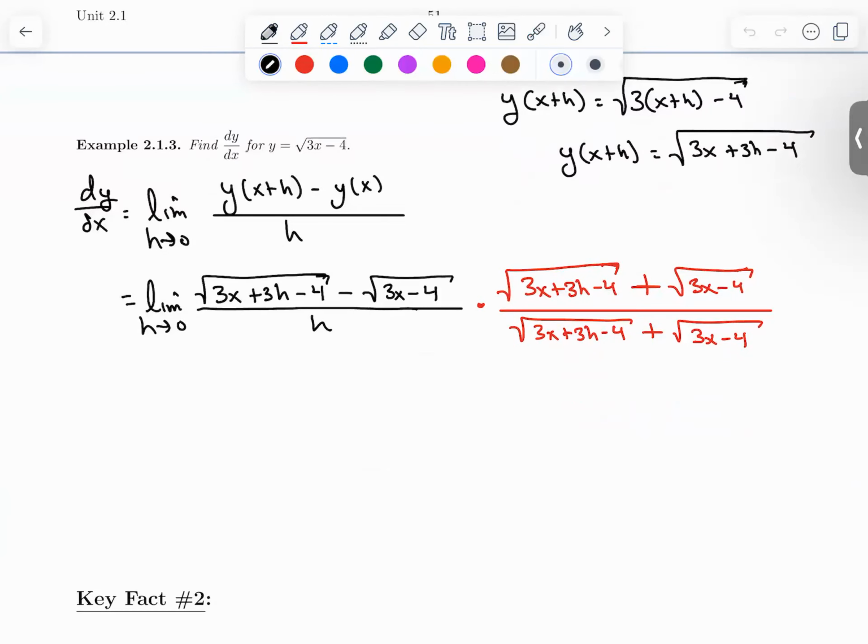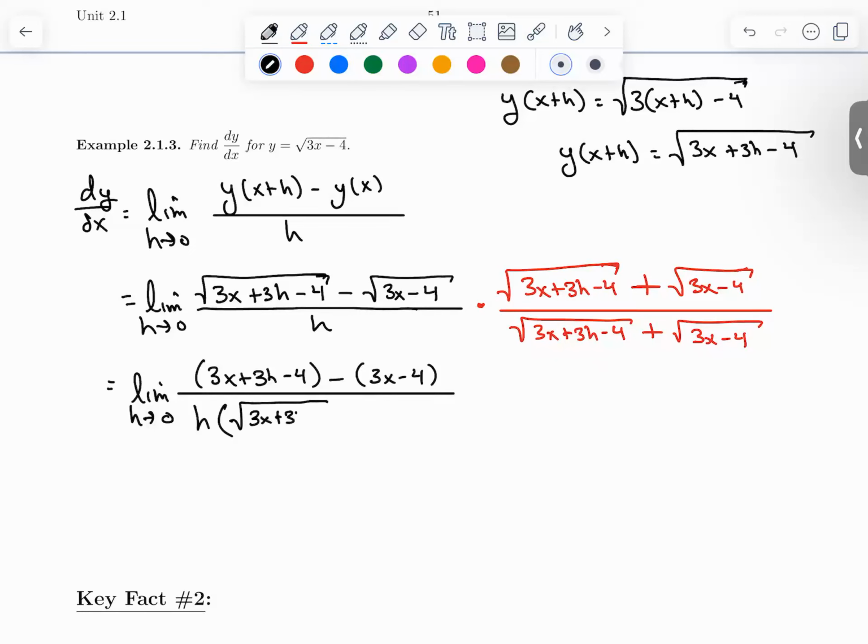So that will become the limit as h approaches 0 of the quantity 3x plus 3h minus 4 minus the quantity 3x minus 4, all divided by h times the quantity square root of 3x plus 3h minus 4 plus the square root of 3x minus 4.